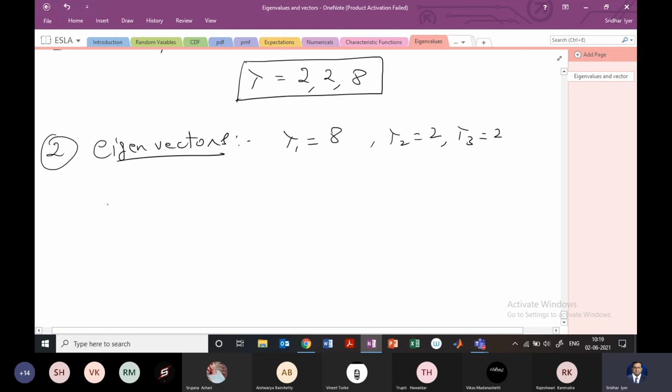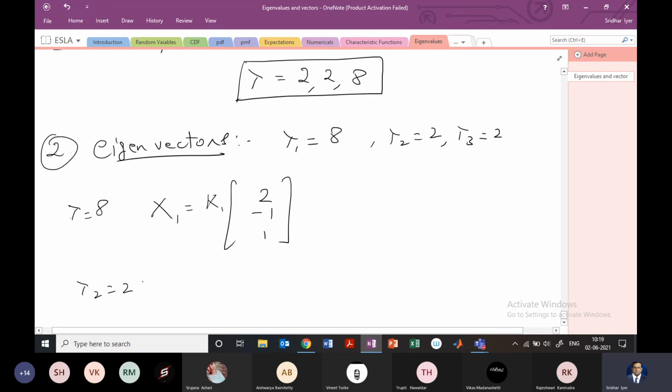You please recheck. So this is what I get for lambda equal to 8. The eigenvector I get is x1, for example, some k1 times (2, negative 1, 1).